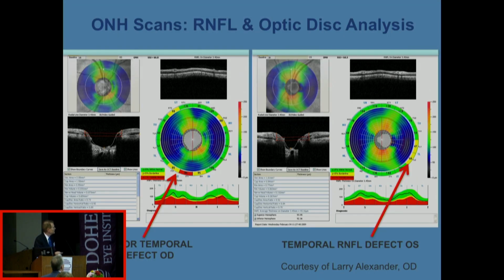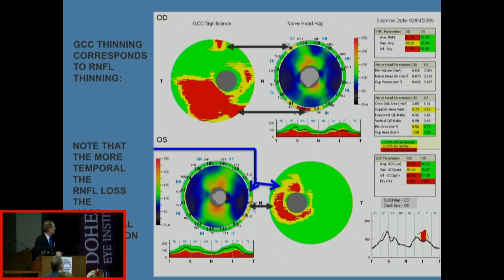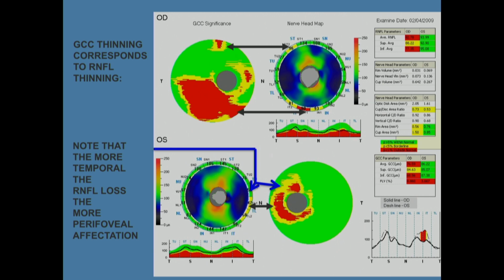And so, for instance, in this patient with an inferotemporal retinal nerve fiber layer defect and a suspicious area here as well, the GCC shows the corresponding area of the ganglion cell layer in the macula that's lost.